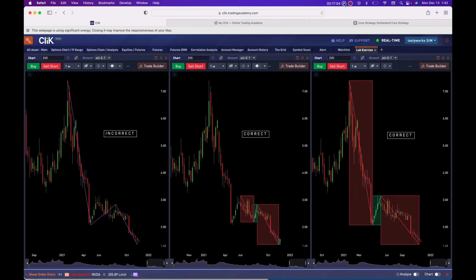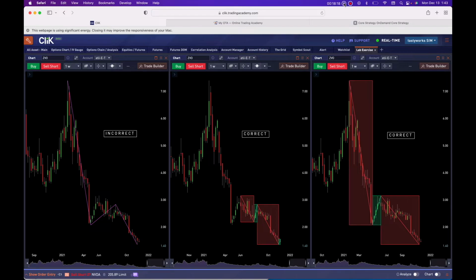So pretty much this exercise was just to introduce you to the fact that there are multiple ways to draw out the correct trend on the chart. Again, you just want to be able to look at the price action and identify that in a downtrend, you have a high, a low, a lower high, and then a lower low.